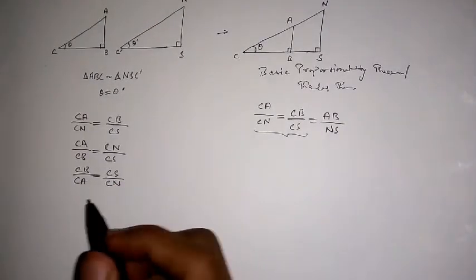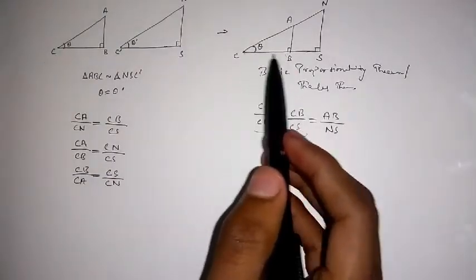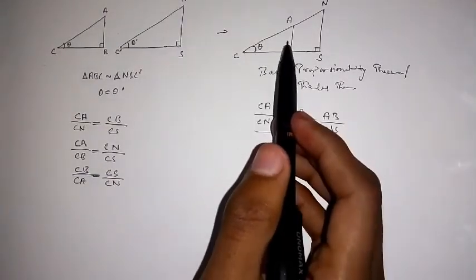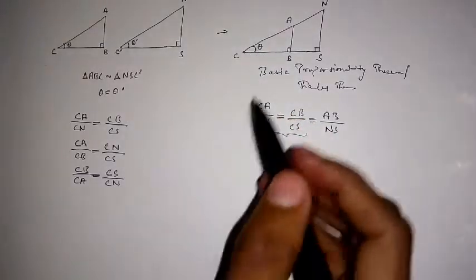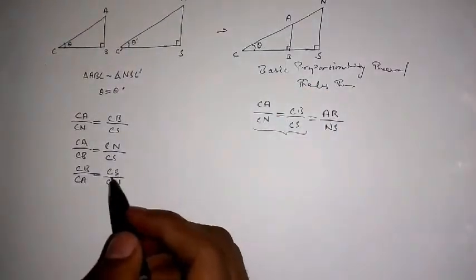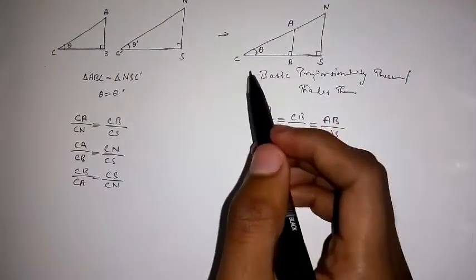So CB over CA is the adjacent over the hypotenuse, that's the cosine of angle theta for the smaller triangle, and CS over CN, that's again the cosine of angle theta.